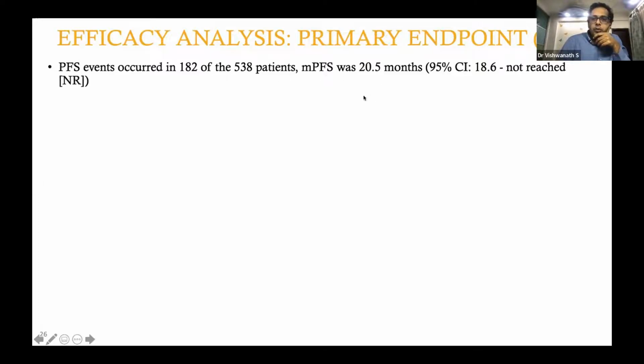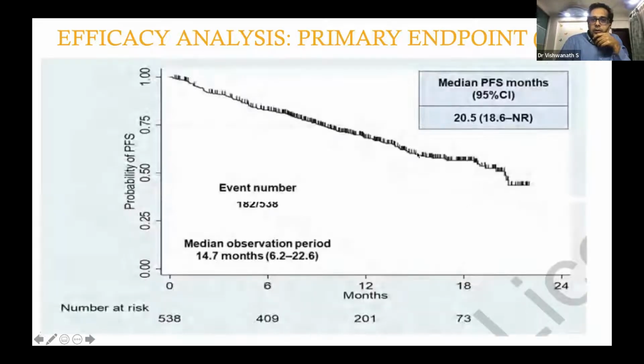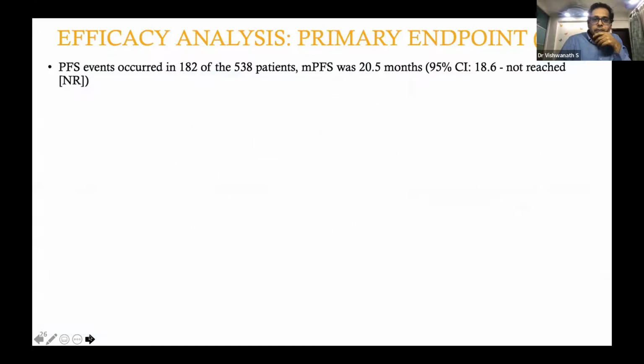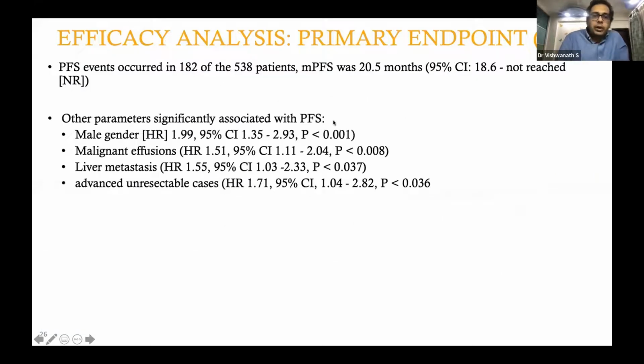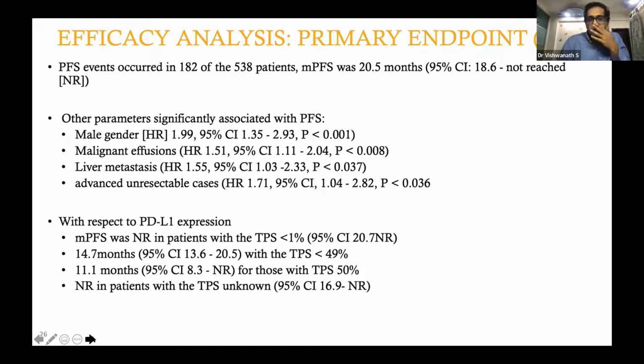The median PFS was 20.5 months. And you can see this is the median PFS, again a little more than the FLORA trial data. And what parameters were associated with reduced PFS? Patients who were male, had malignant effusion, had liver metastasis, and had advanced unresectable disease had a poorer PFS as compared to those who did not have these variables.